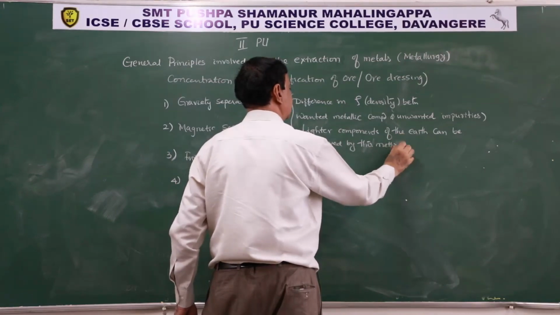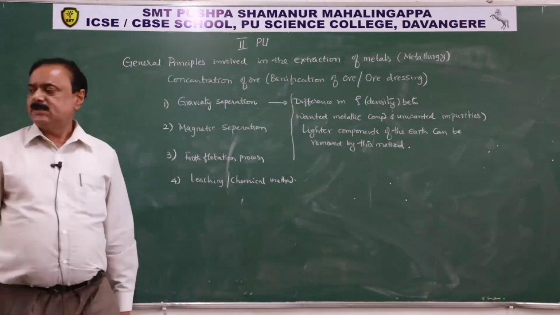Lighter components of the earth can be removed by this method. Is it clear?